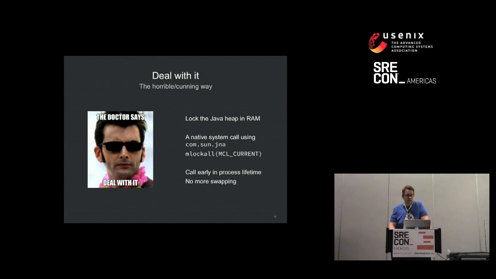And if you do this call at the right time, early enough in the process's lifetime, then you will mlock the Java heap, which exists by the time you're running Java code, but you will not mlock any of the other rubbish that happens in a Java process, like classes and strings and non-heap allocations done by libraries.